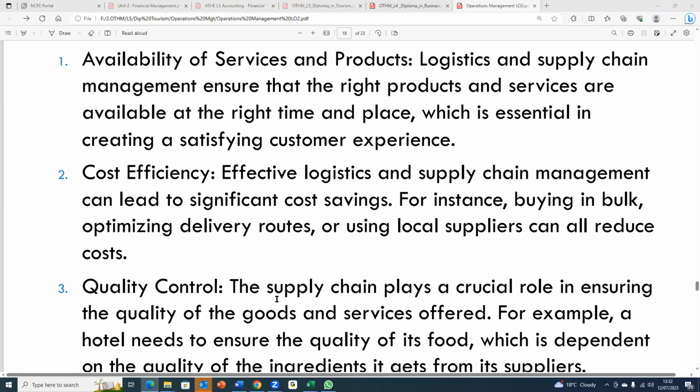Because we are buying in bulk, we are buying in large quantities, we can ask the suppliers to give us some kind of discounts. We want to make sure that they are delivering these goods at a cheaper cost than other competitors. We want to make sure that we can get these supplies when we need them through maybe local suppliers, but at a reduced cost, maybe at a wholesale cost, not retail prices.